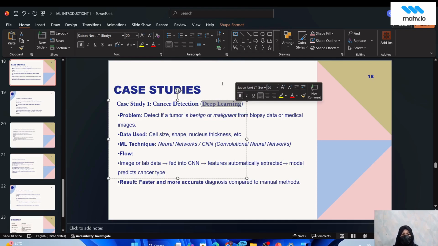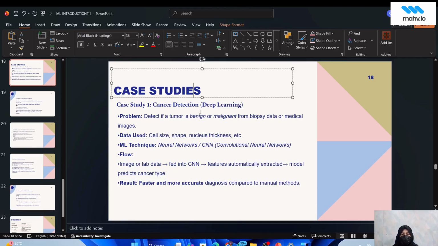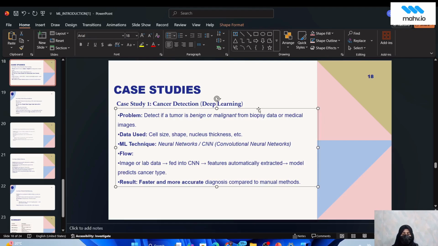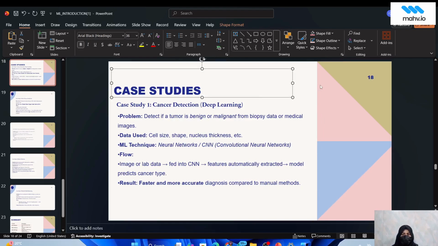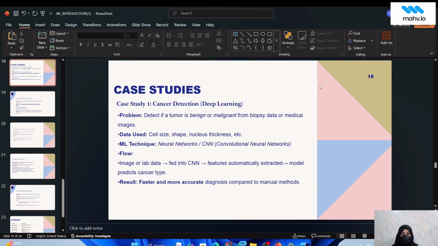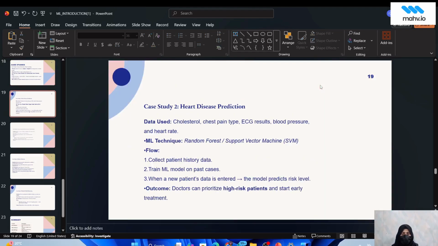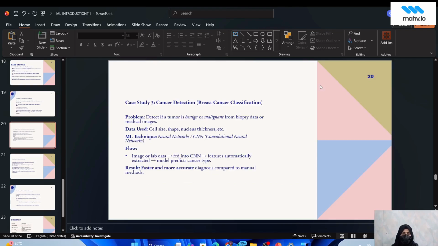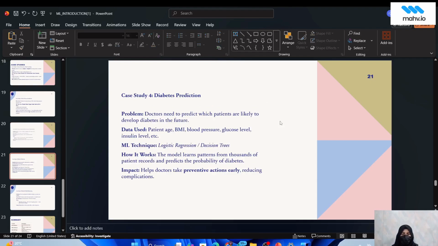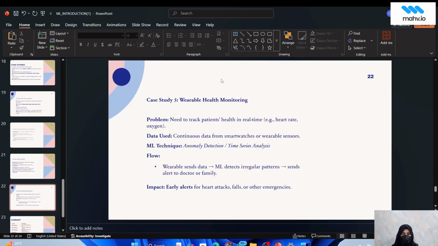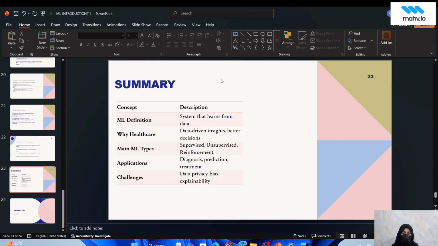This is just general info about CNN, a technique in deep learning. But you have to focus first on your topic, ML in healthcare, with its other applications. Heart disease prediction can also use CNN, that is deep learning. And also this one is your main example, diabetes prediction and wearable health monitoring.